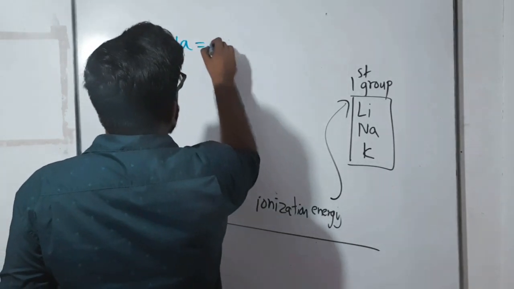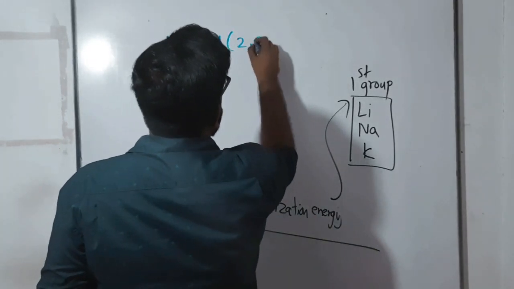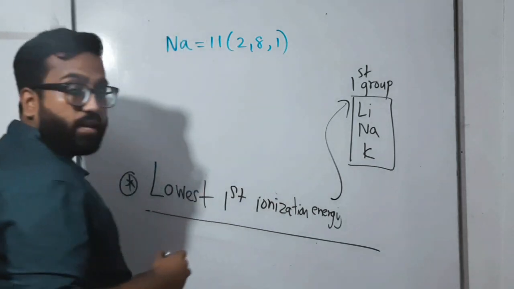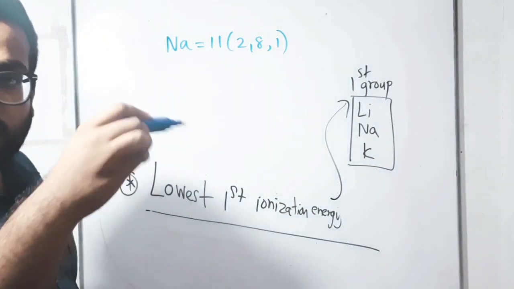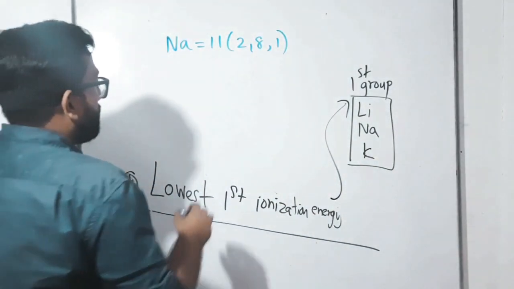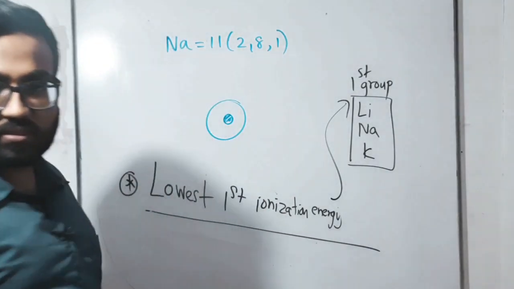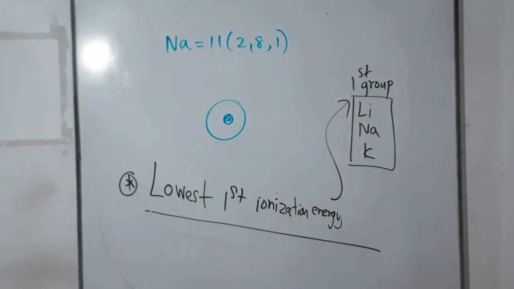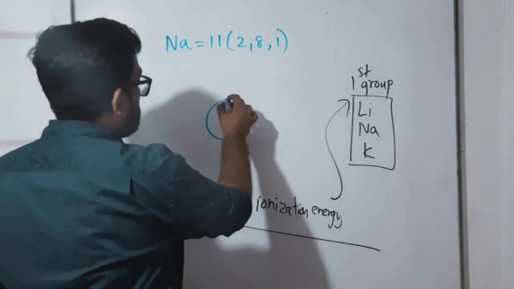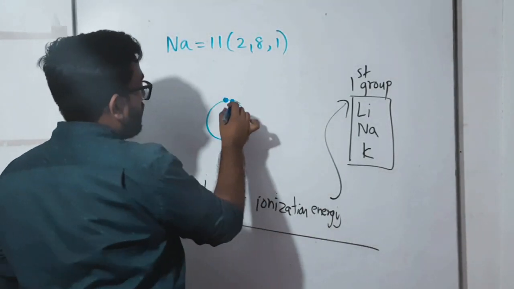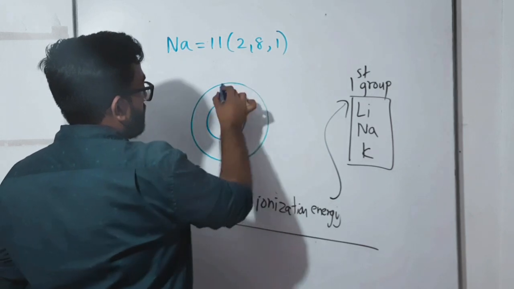Sodium has 11 electrons, no? 2, 8, 1. Shall I draw the chart here? This is the nucleus. This is the first energy level, consisting of 2 electrons, and this is the second energy level.